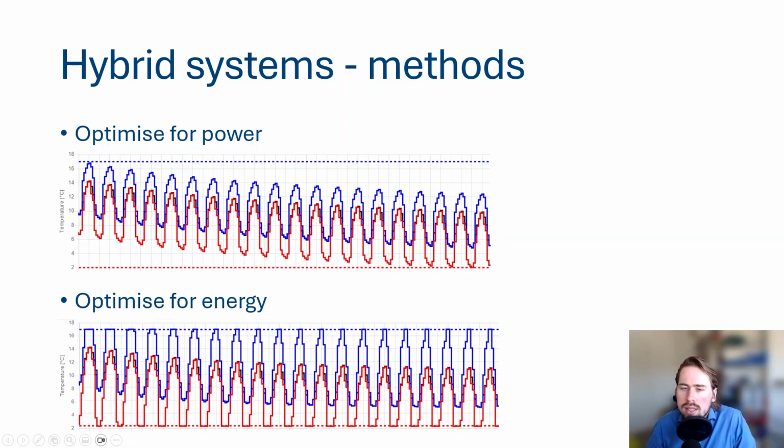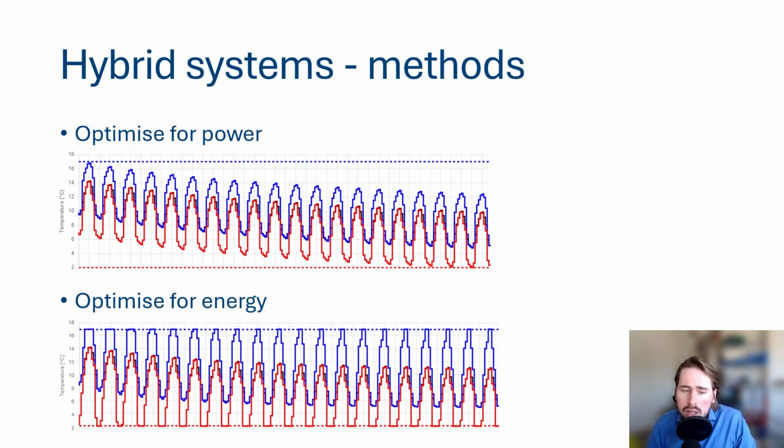So this bore field, we said, had no potential for power, but there was still some potential for energy exchange, because as you can see, due to the imbalance, the fact that the ground cools down year after year, there is potential for extra cooling in the later years of the simulation period. And we can easily extract a little bit more heat from the ground during this first month. So there is potential for more energy exchange.